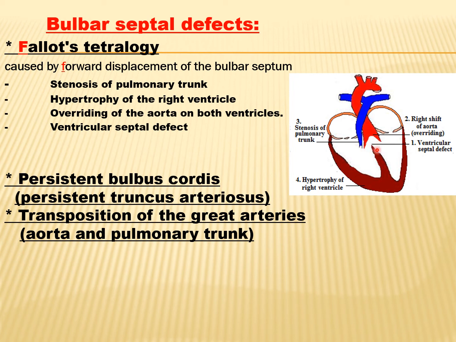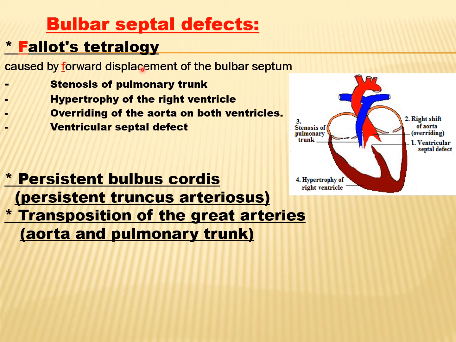This is associated with ventricular septal defect, the third anomaly. The fourth is hypertrophy of the right ventricle due to the right ventricle trying to push its blood through the stenosed pulmonary trunk. So the stenosed pulmonary trunk is associated with hypertrophy of the right ventricle, and overriding of the aorta is associated with ventricular septal defect. These are the four congenital anomalies of tetralogy of Fallot.